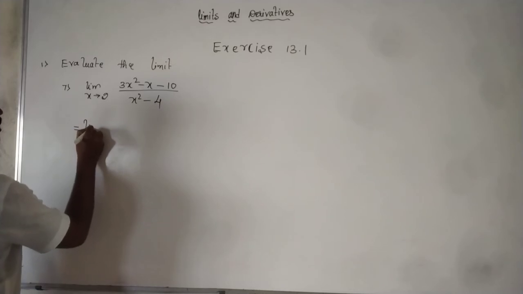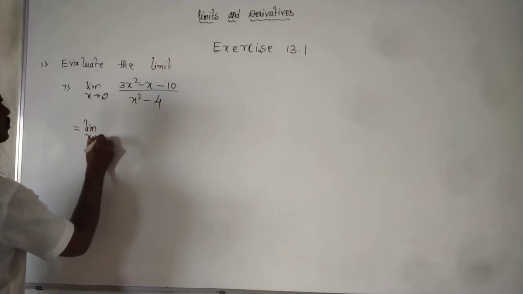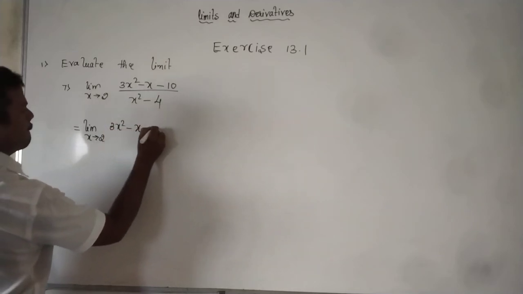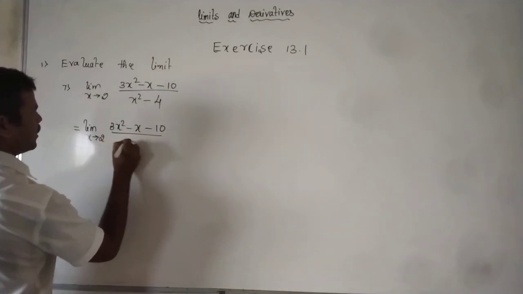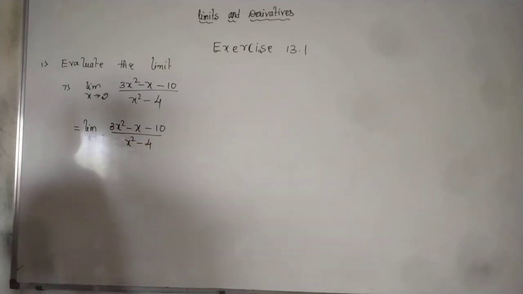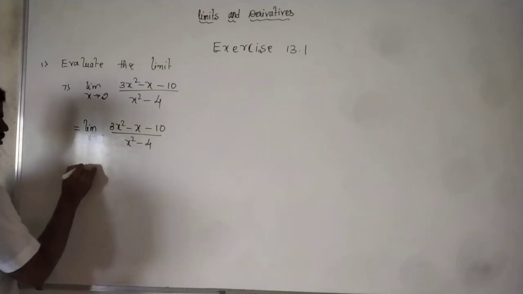So limit as x tends to 2, that is 3x square minus x minus 10 divided by x square minus 4. Where there is x, we have to put 2.